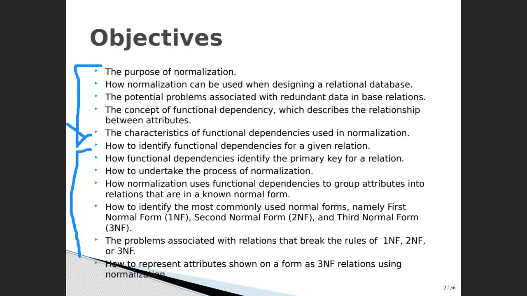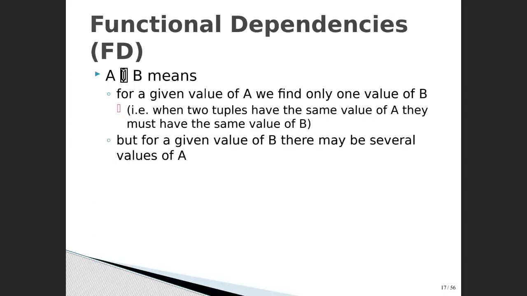Number one, full functional dependency, number two, partial functional dependency, and number three, transitive functional dependency. Okay, so full functional dependency, or FD, means that only one value of A will find one value of B. Okay, so one to one from both sides. So a value of A will be matched to only one value of B.